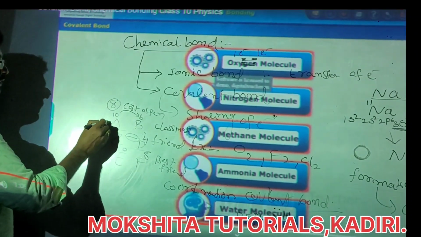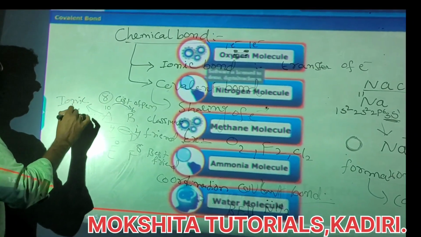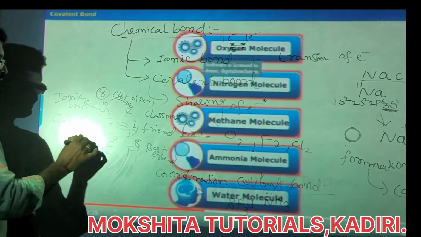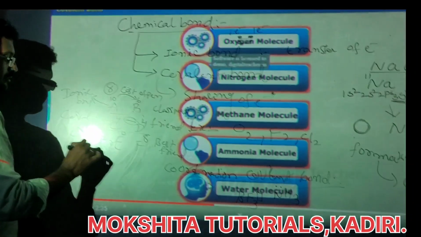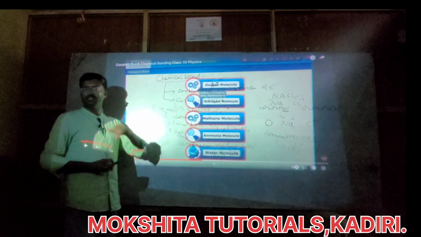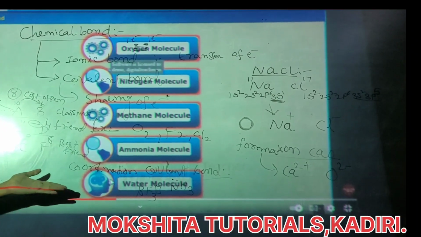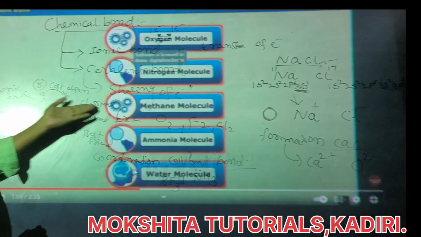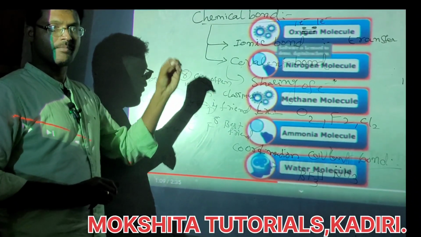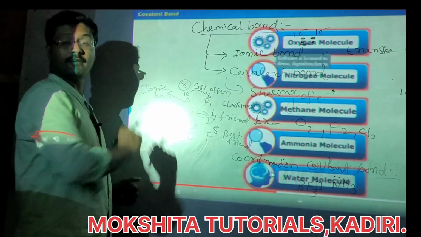So this is the ionic bond, this is the covalent bond, and this is the coordination covalent bond. In our class also there is a classmate, friend and best friend. In the case of classmate there is only transferring of money, just as the ionic bond is formed due to transfer of electrons.